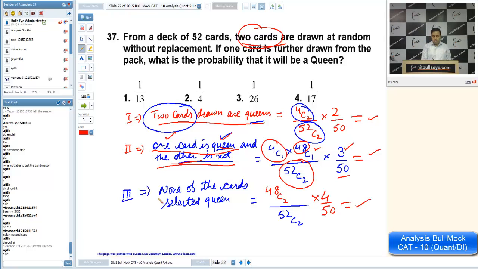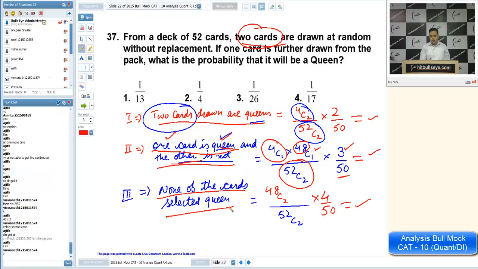Similarly here, if none of the cards selected is a queen, then again the total cases will be 52C2. And since no queen has been selected, these 2 cards are among the remaining 48 cards, and you can select these 2 cards in 48C2 ways, right? So the probability of selecting 2 cards such that none of them is a queen is 48C2 divided by 52C2, and then we have to select a card which is a queen, and we are left with 50 cards again.